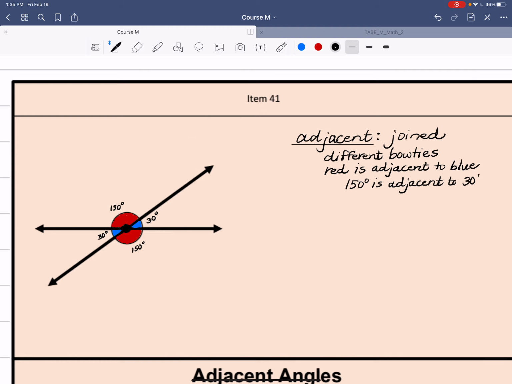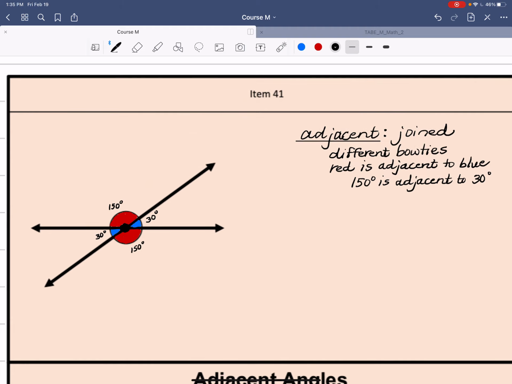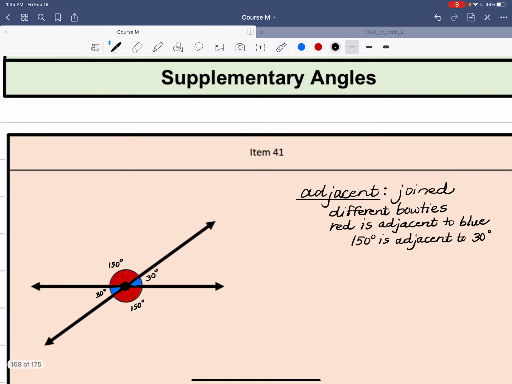Or they could actually give our angles names. Let's see, we stopped with H up there.